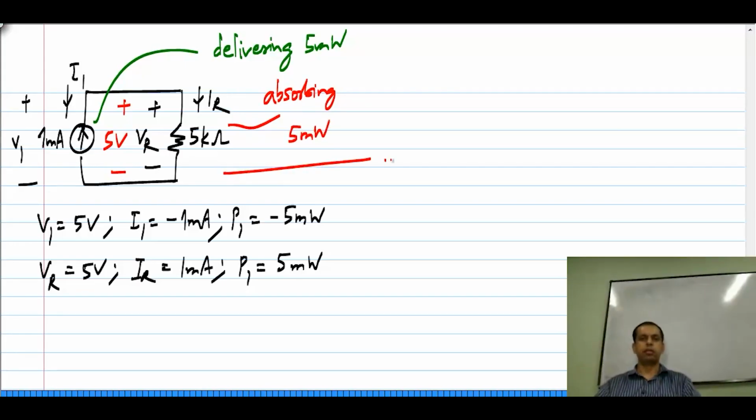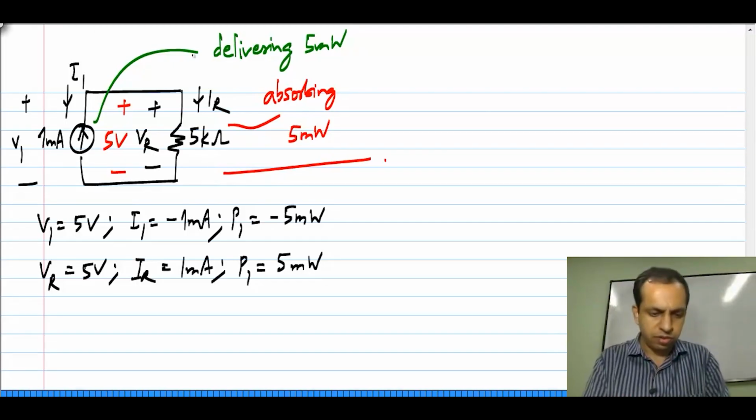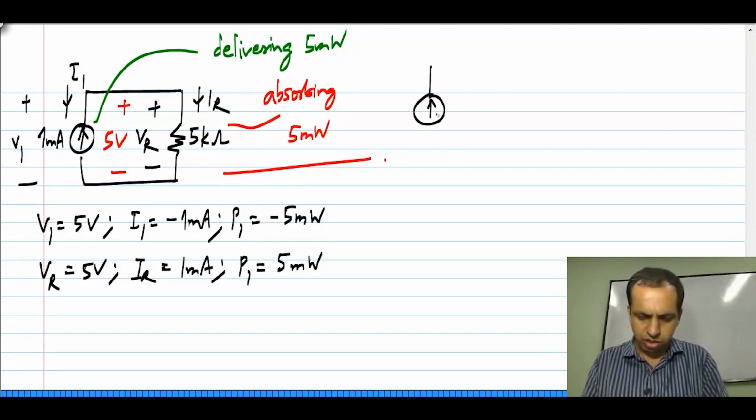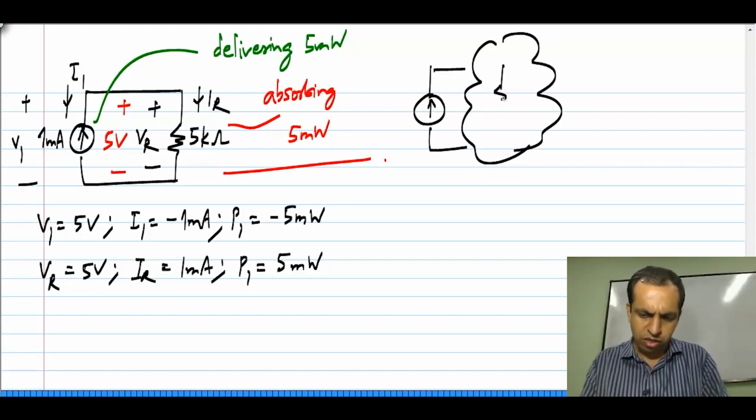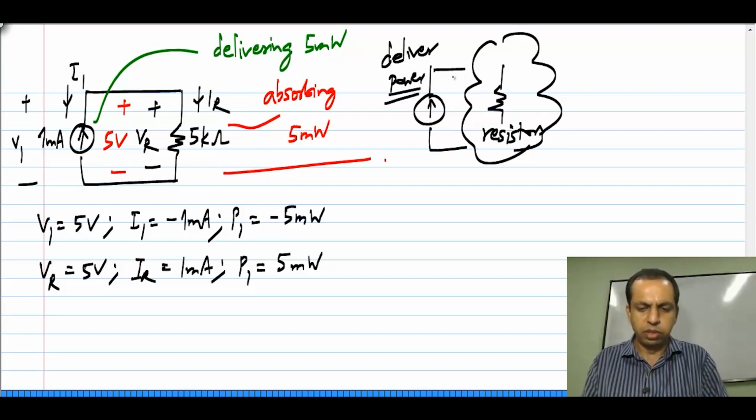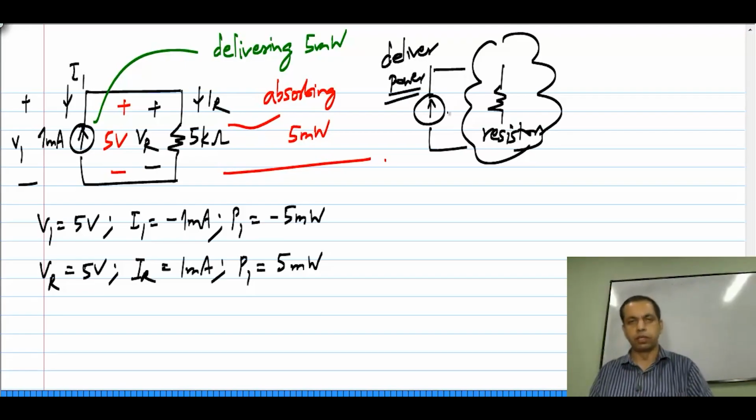Now, as with the voltage source, if you have a single current source connected to a resistive network, then this will be delivering power, because that is the only source of power or energy in the network.